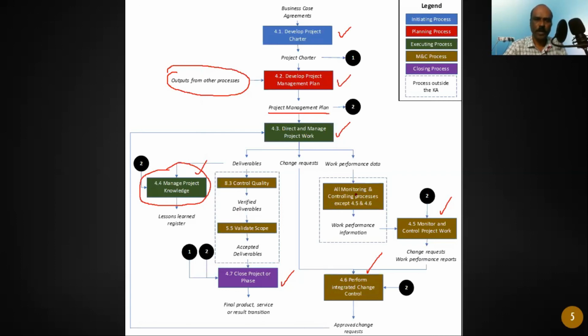And all the important outputs I have highlighted, you should remember, you should understand, you should start connecting them, right? The chain should connect. Your mind should start capturing the chain of activities, the chain of processes. Once you start understanding the chain, it's easier to remember. If you try to read each process separately, it becomes very difficult to remember. But if you start connecting all of them, then it's easier for you to remember.